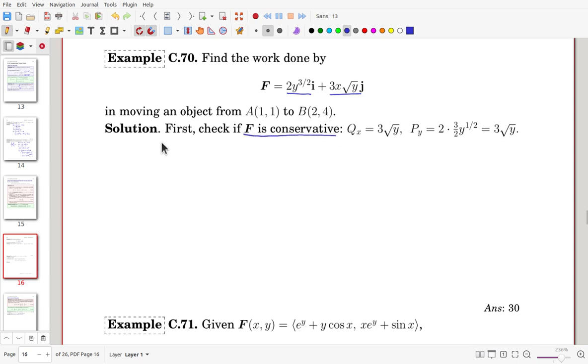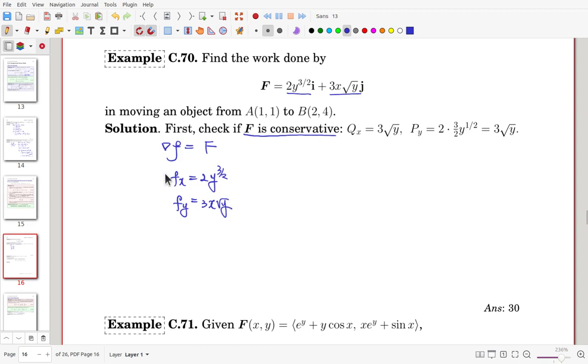Then there is a potential f such that the gradient of f is the given vector field. The first component is f sub x. From this side, the first component is 2y to the 3 over 2. And the second component from the left-hand side is f sub y. From the right-hand side, that is 3x square root of y. Okay.